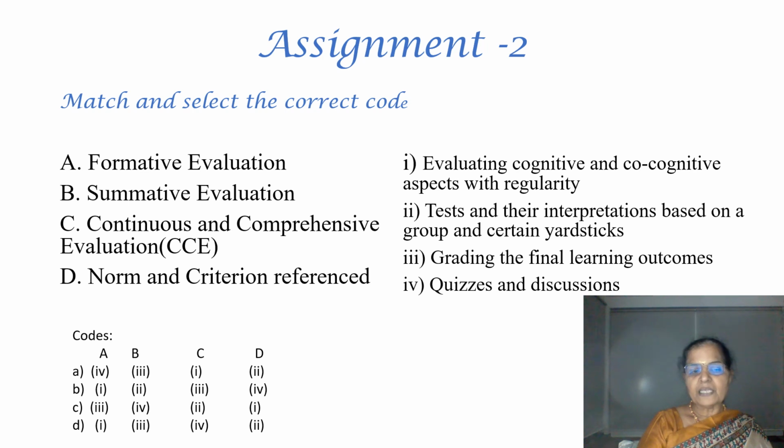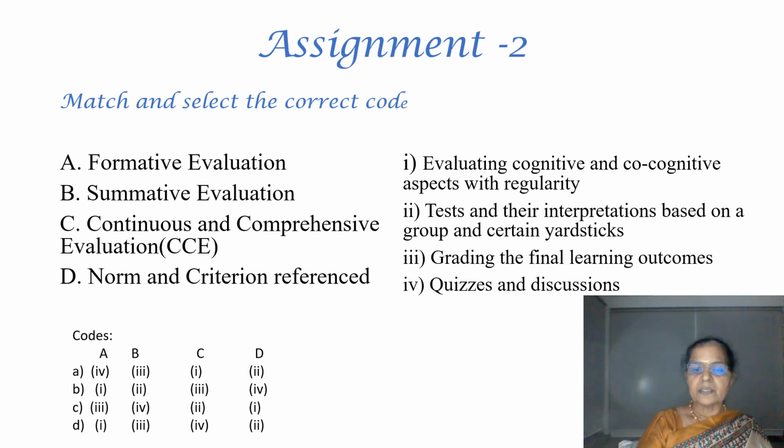So the second, B statement, summative evaluation. We know that it is grading the final learning outcomes. The final word is there. So B is third. So the B option goes with the third statement, right? And then the next, C statement, continuous and comprehensive evaluation, CCE, which is followed in CBSE schooling.